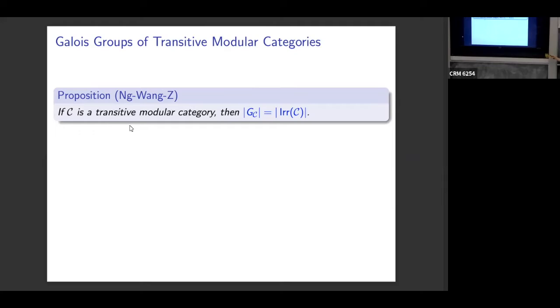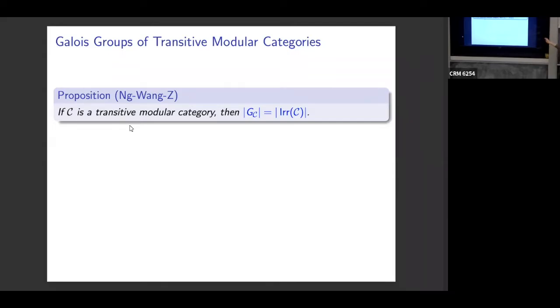This is because the Galois group is abelian, and a transitive abelian action is also fixed point free. So the Galois group acts on the modular tensor category freely and transitively. As a consequence, the group order is the same as the rank.